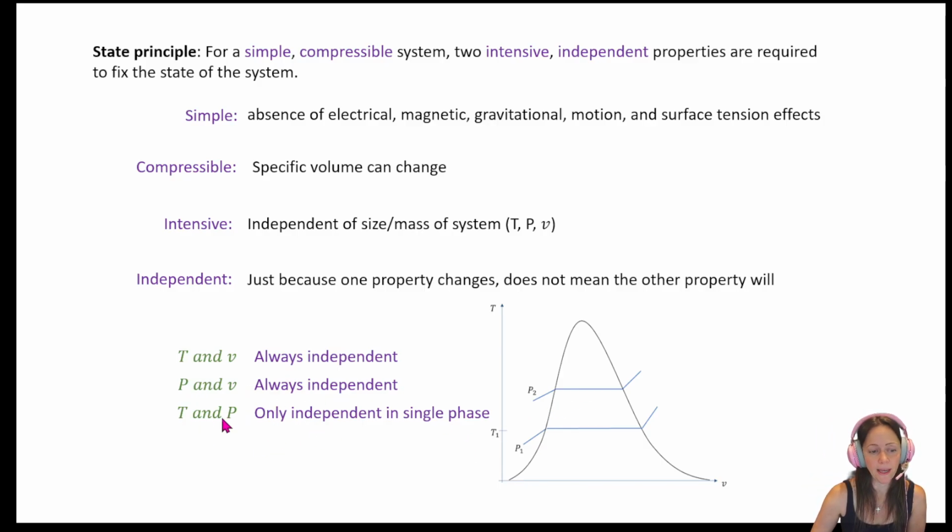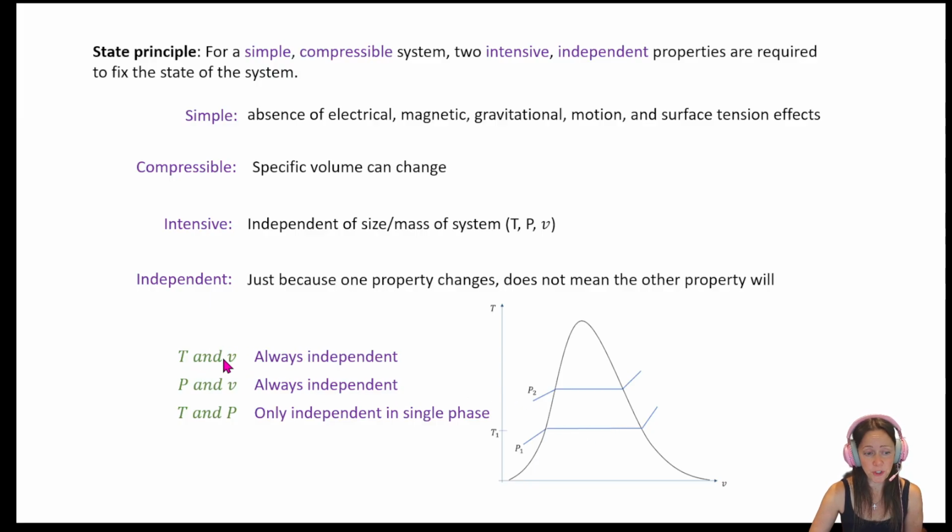If I know that I'm at T1 and P1, it could be a saturated liquid. It could be a saturated vapor, but it could also be somewhere in the middle. So I don't have enough information to fix my state completely.